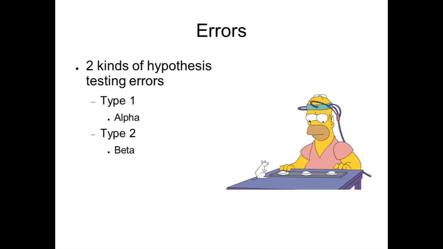And in fact, we decided what super unlikely meant. Remember, in the decision step, we decided to set our alpha at 0.05 or 5%, and that meant that we are comfortable saying that we are going to be wrong 5% of the time. That means we're making a type 1 error 5% of the time. The chance of making a type 1 error is the exact same as alpha. It's always 0.05 or 5%.